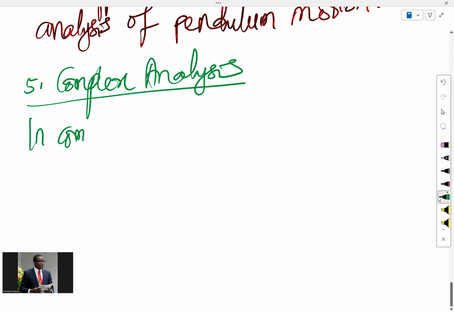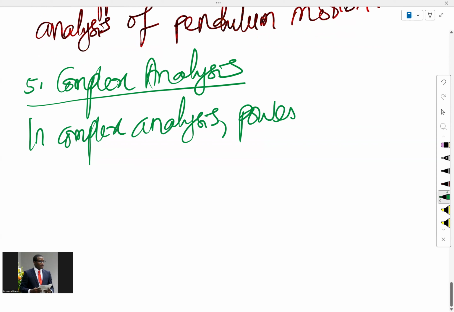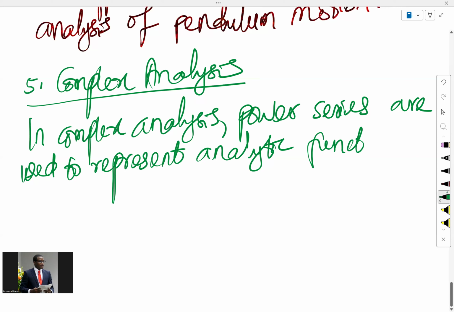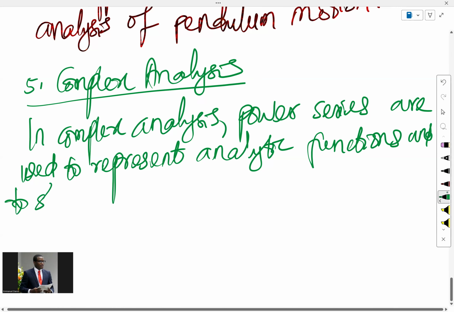So in complex analysis, power series are used to represent analytic functions and to study their properties.